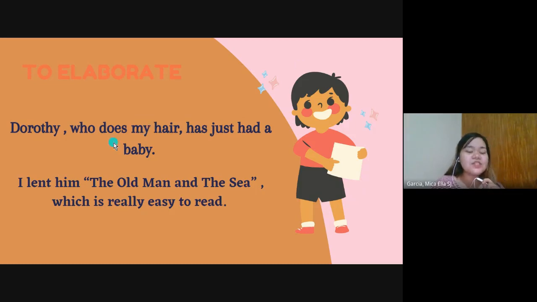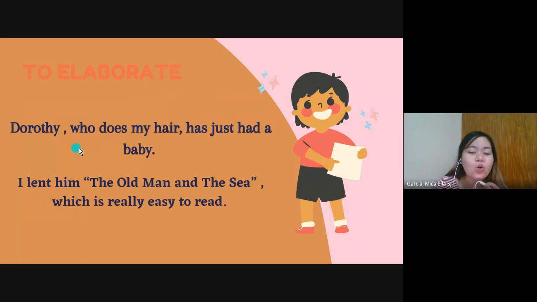As you can see, our subject here is Dorothy. And Dorothy is a person. That's why we use the relative pronoun who. And again, who, which, and what cannot be omitted if the relative clause states additional information.